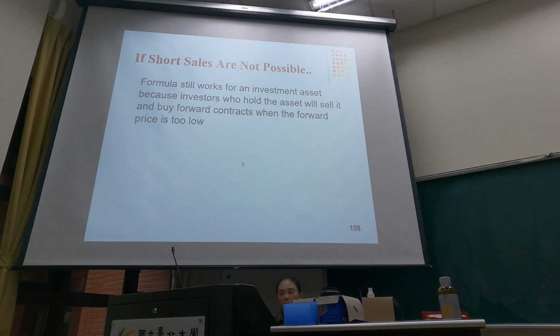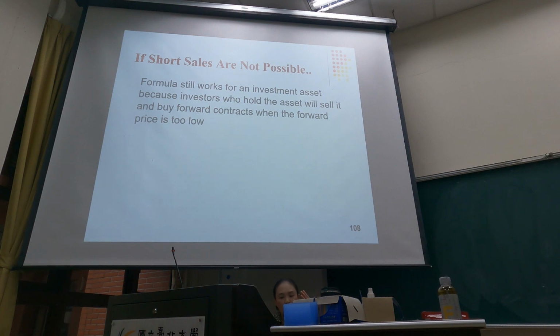If short sales are not possible, you can still come up with your pricing model, right? The formula still works for an investment asset, because an investor who holds the asset will sell it and buy a forward contract when the forward price is too low. So you can still execute.